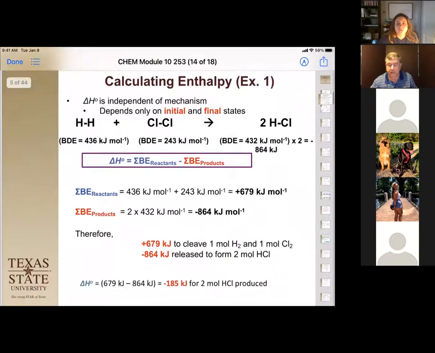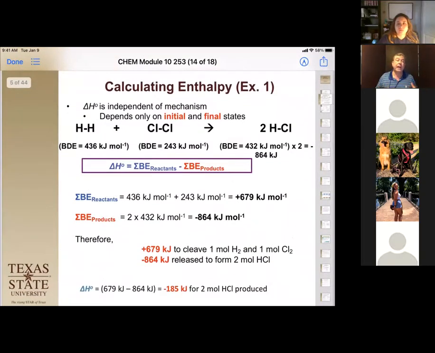Okay, so basically we can calculate whether the reaction is going to go or not by looking at the total energy of the system. And the total energy of the system is going to be our change in enthalpy, because we're looking at the heat of the reaction. If it's exothermic, it's going to go spontaneously. If it's endothermic, it's not. So what we're looking for is something that gives off heat.